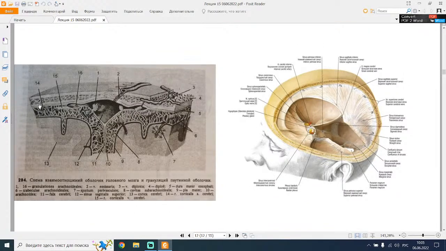These are sinuses. This is a fold of dura mater, the falx cerebri. This is the cavity.